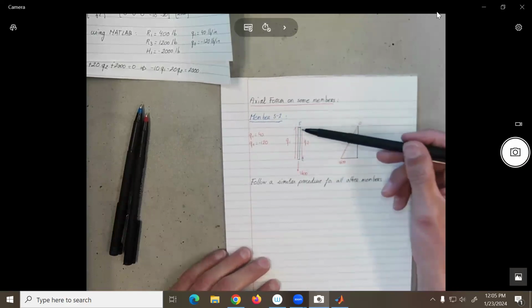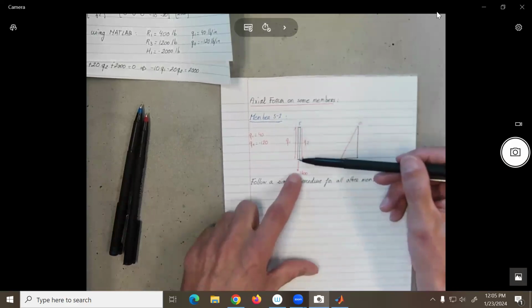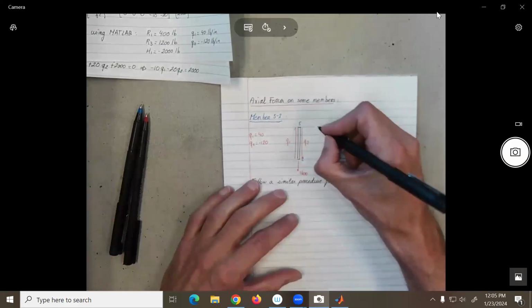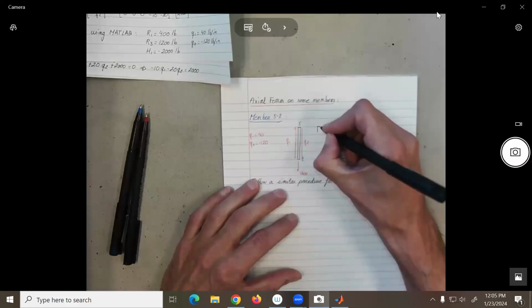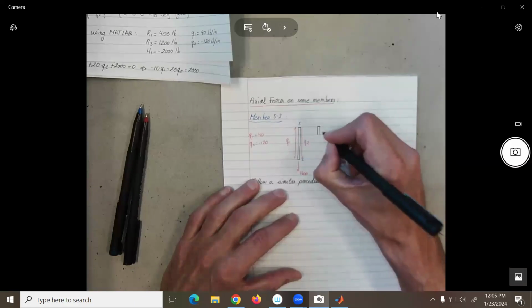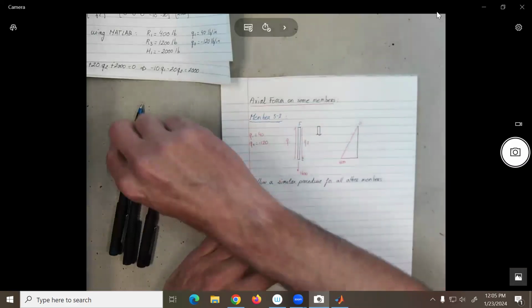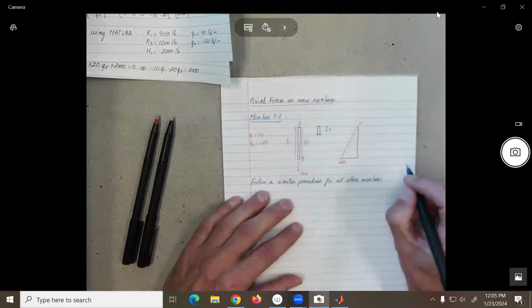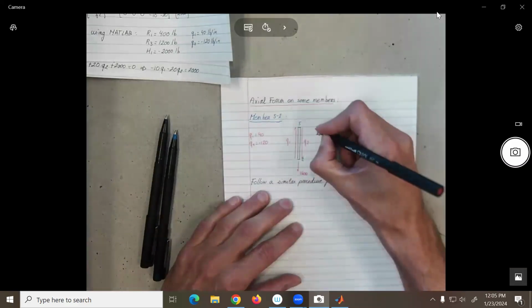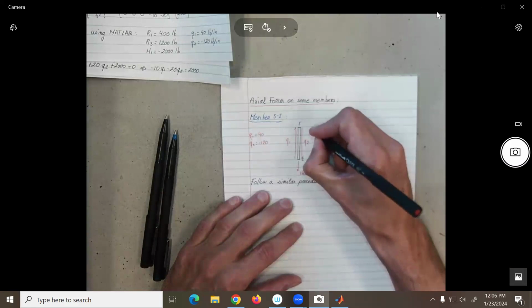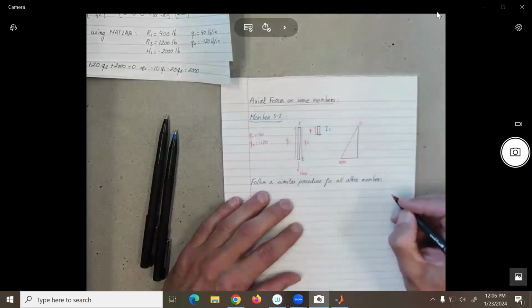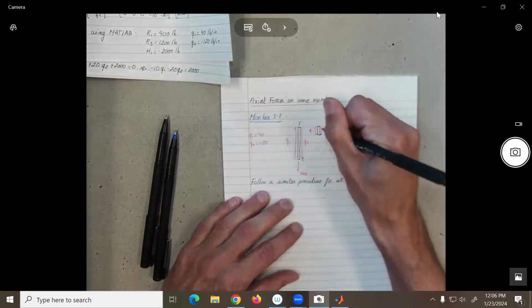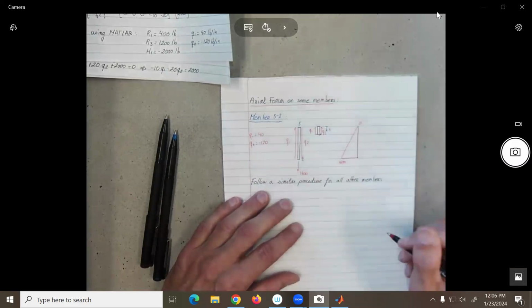If you want to be accurate, like we did last time, you should do a cut. You will have here the distance S. This should be Q1, correct? And this should be, taking into consideration the sign, Q2.